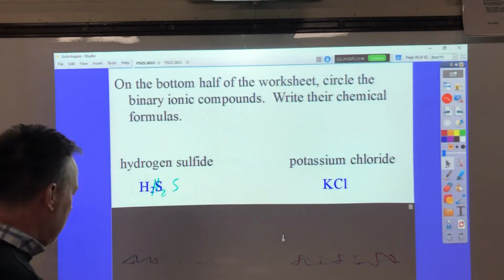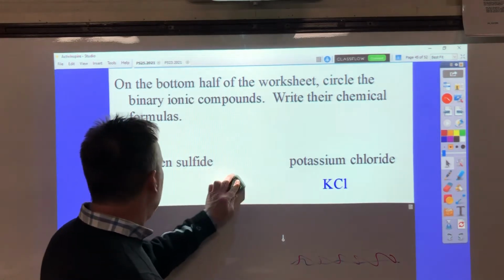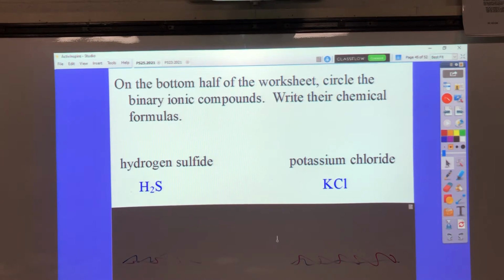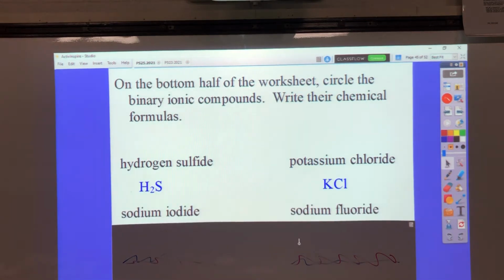Not LiCl. LiCl is lithium chloride. Potassium chloride is KCl.